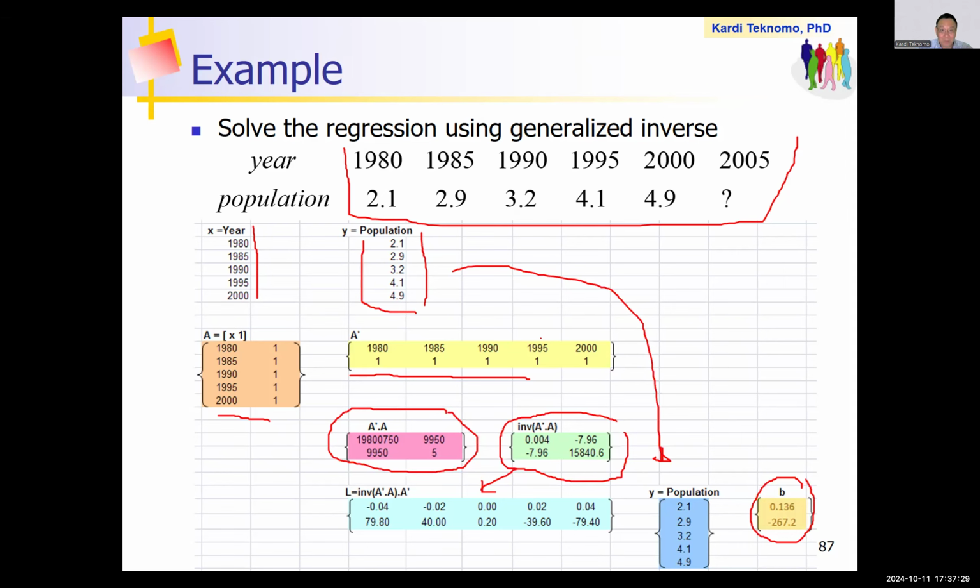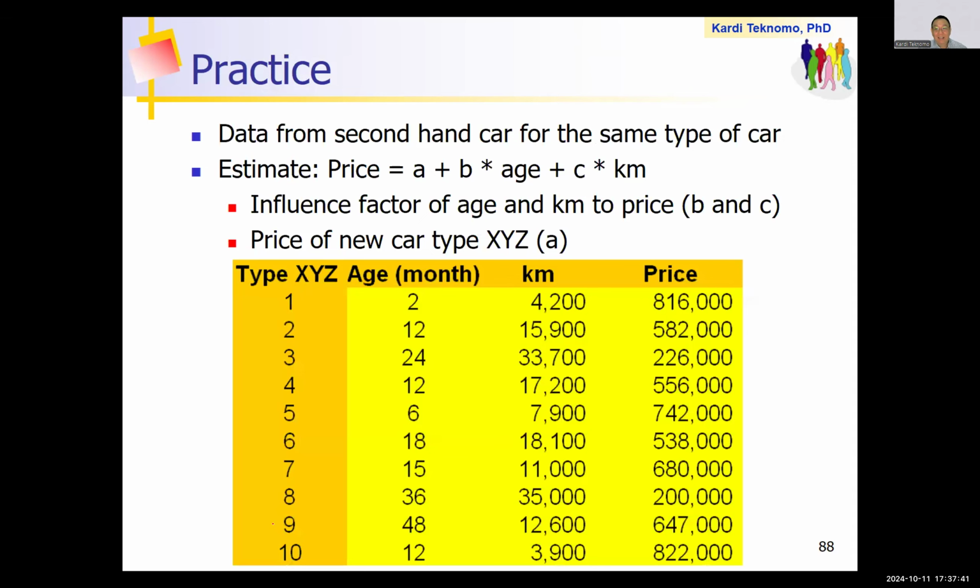So let me demonstrate this in Excel, and after that, you will practice this part. This one is multiple linear regression with two variables in the X and then one intercept. This is the output.